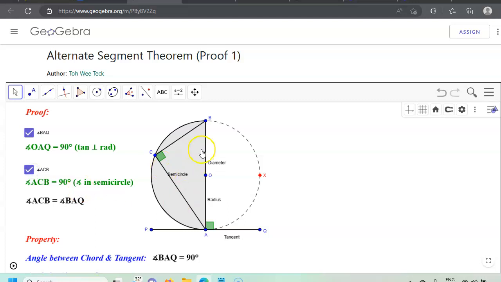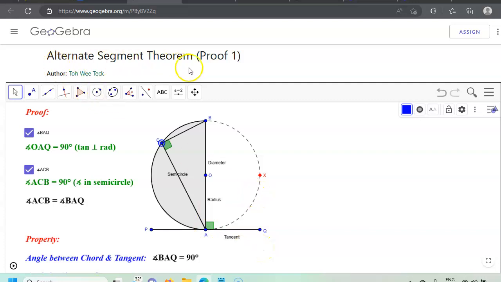And now we are going to create the angle at the alternate segment. Since the chord passes through the center, or it's the diameter, then the angle formed at the alternate segment will be an angle formed in a semicircle. And there is again a property that all angles formed in a semicircle are equal to 90 degrees. Hence, we can say that angle ACB is indeed equal to angle BAQ.